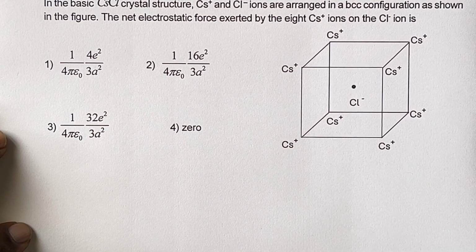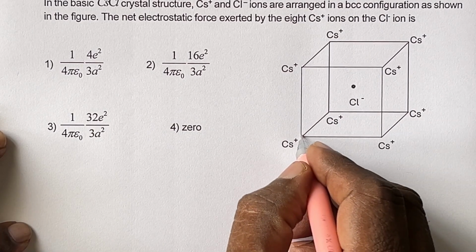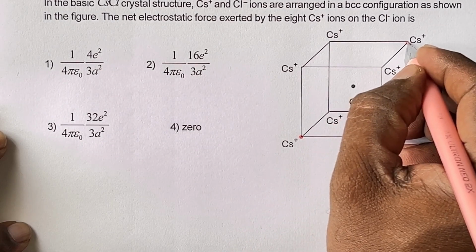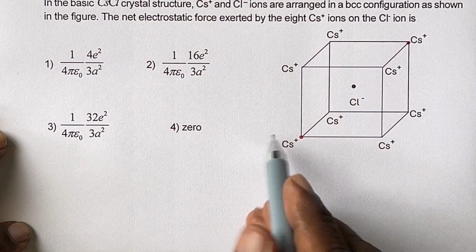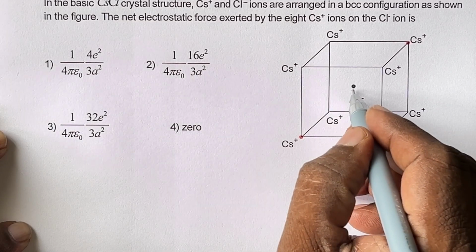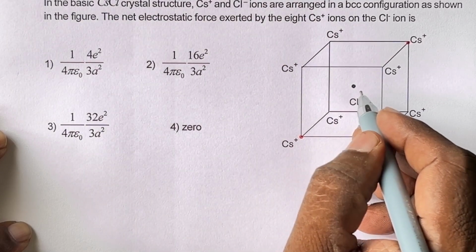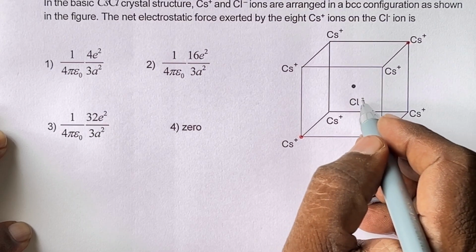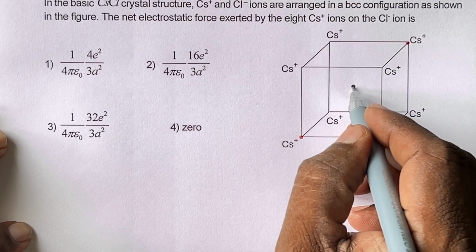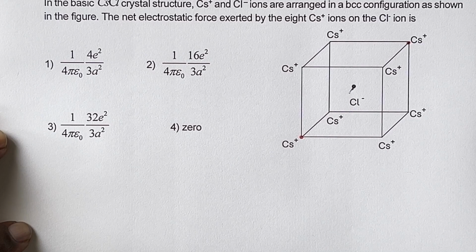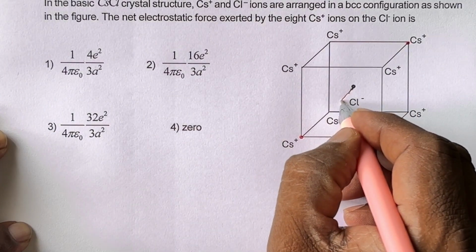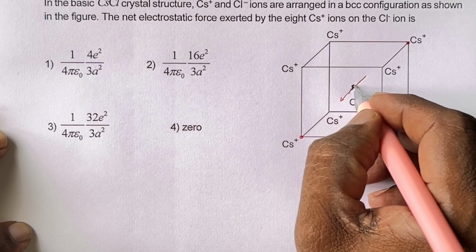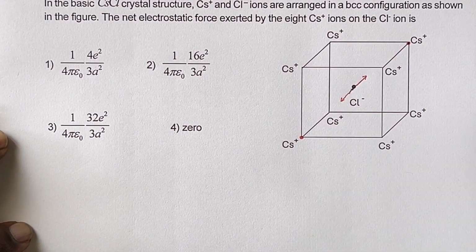So here you see, this is a cesium ion. Diagonally, this is a cesium ion. So this is also plus, this is also plus. In the middle, at the center of the crystal, Cl is there, chlorine is negative. So this cesium will attract it towards itself, and the other cesium ion along the diagonal attracts in its direction.